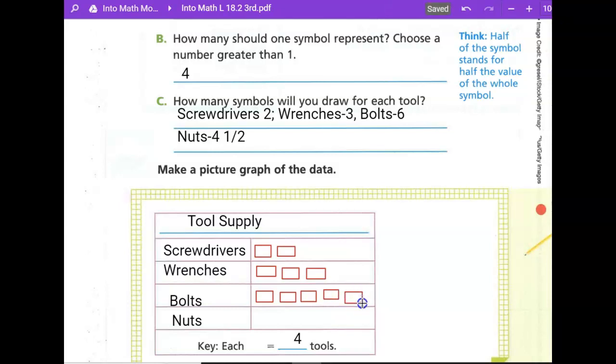Mine aren't quite going to fit, but you can make yours fit. And then the nuts are 18, and we said we needed 4.5 in that one. So let's do 1, 2, 3, 4, and we'll do 1/2 of 1. Make it a little longer.